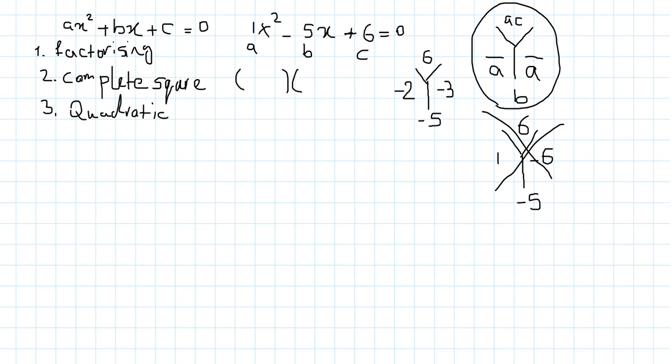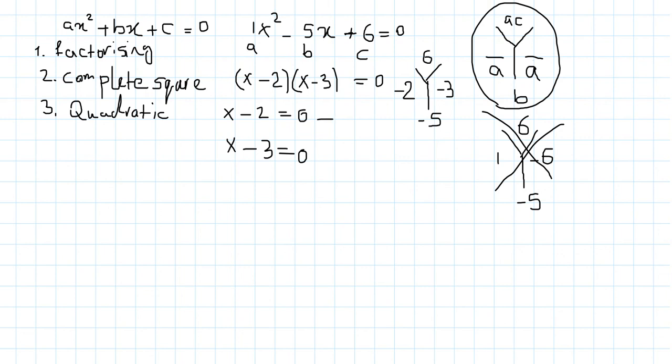I write two brackets equal 0. One of them starts with x, and here I write easily x minus 2 and x minus 3, but take the sign from there. So one of my answers is x minus 2 equals 0, another is x minus 3 equals 0.